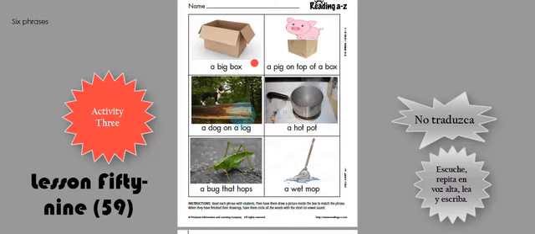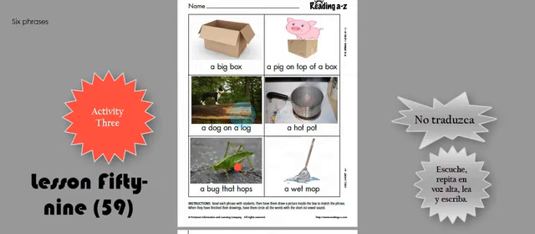Here are the pictures. This is a big box. This is a box, and here is a pig on top of a box. This is a dog, and the dog is on a log. This is a pot, and the pot is hot.